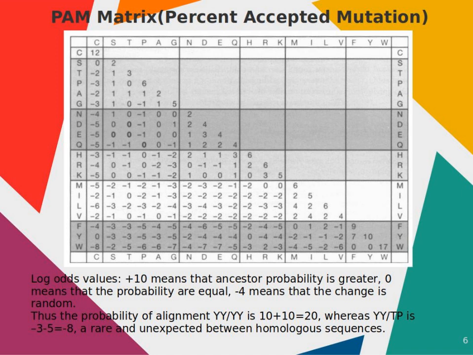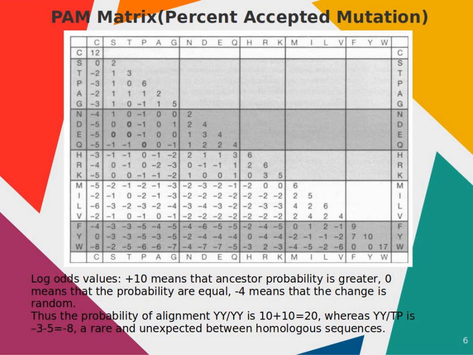C, sulfhydryl, alone is a group. The amino acids S, T, P, A, G form another group, which is hydrophilic in nature. Then N, D, E, Q as the acid amide and hydrophilic group, H, R, K as the basic group, M, I, L, V as the small hydrophobic group, and F, Y, W as the aromatic group.